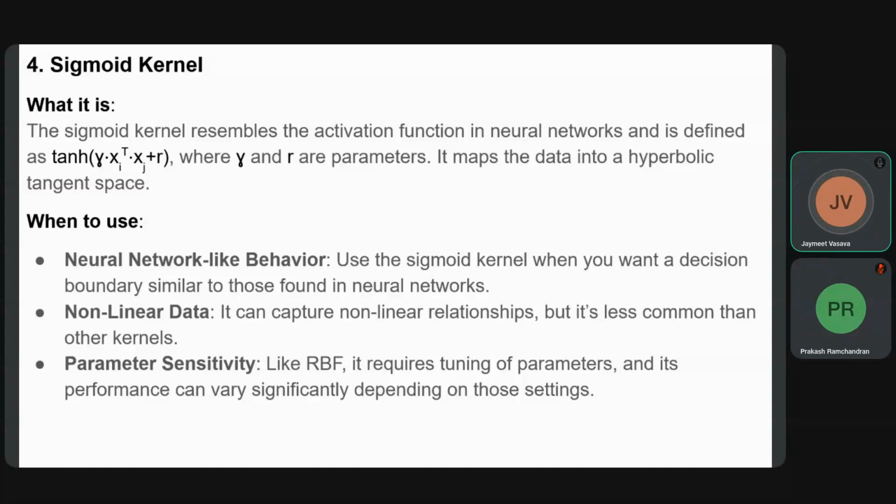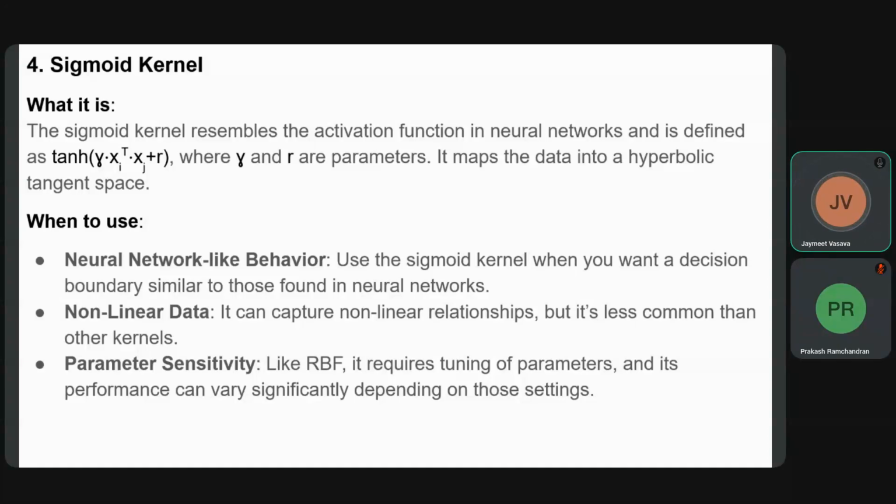So in order to learn the shape, in the bigger picture, activation of the neurons is needed to work with neural networks, and one of those activation functions is the sigmoid activation function. Sorry, not sigmoid kernel, but the sigmoid activation function. The sigmoid kernel here resembles that.